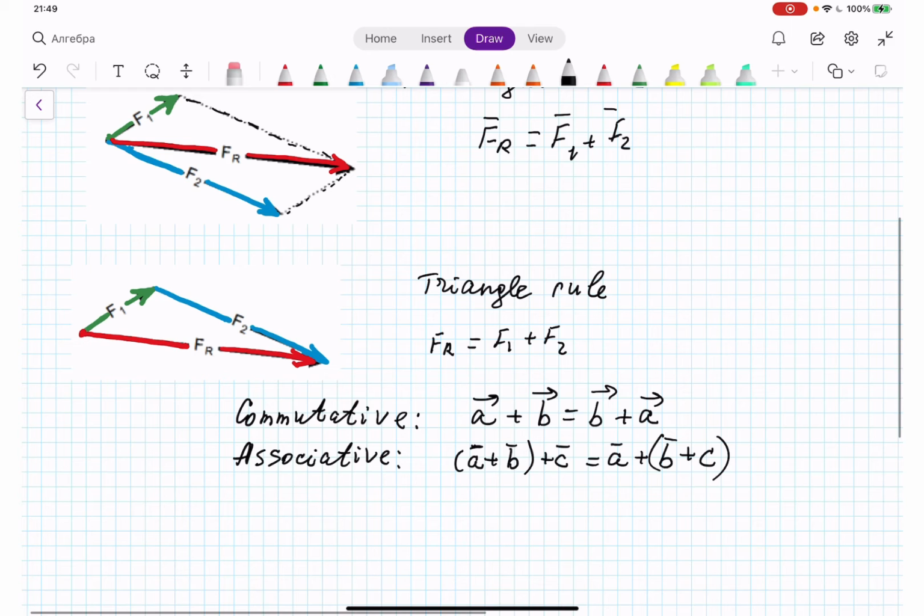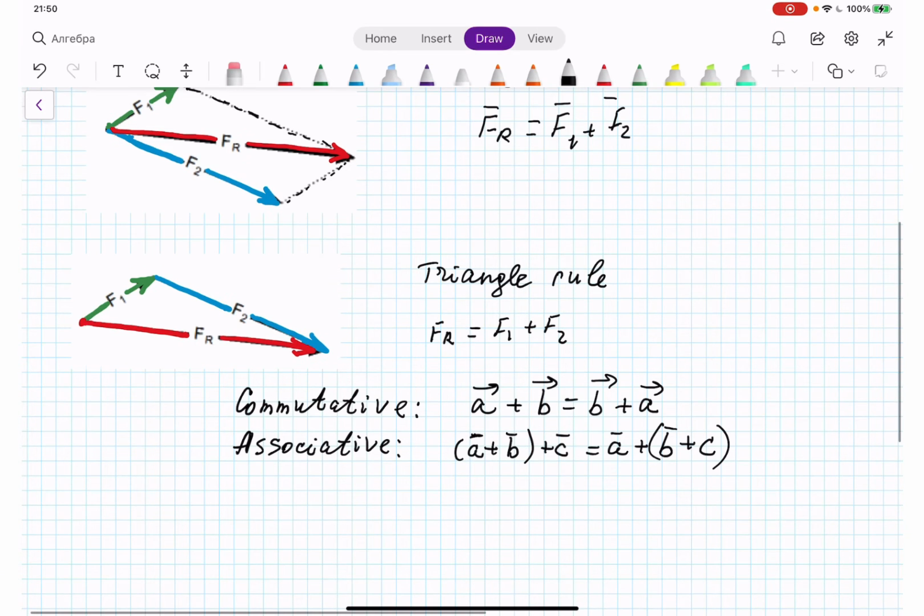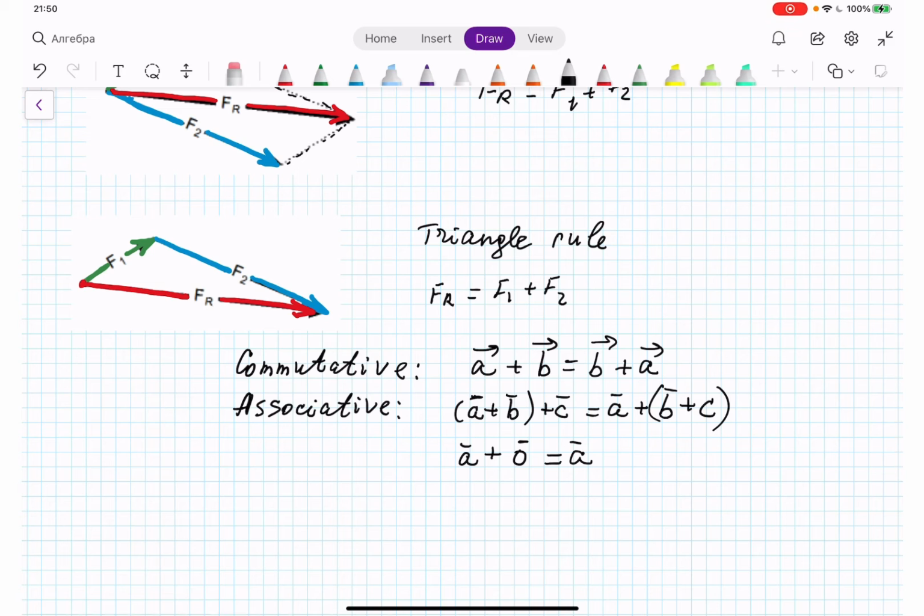Third one, vector A, if I add the zero vector, remember the zero vector has a length of 0, is equal to vector A. And lastly, if I add vector A to vector A in the opposite direction, it's going to be equal to the zero vector.